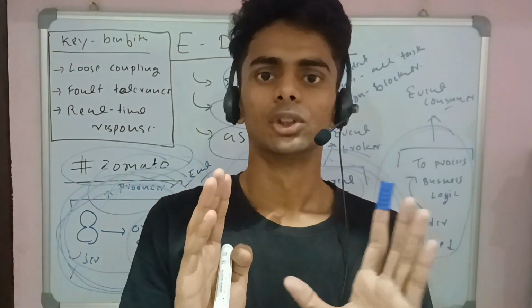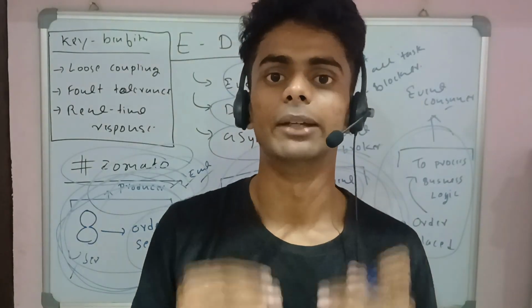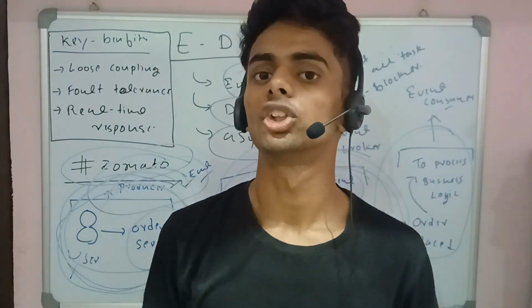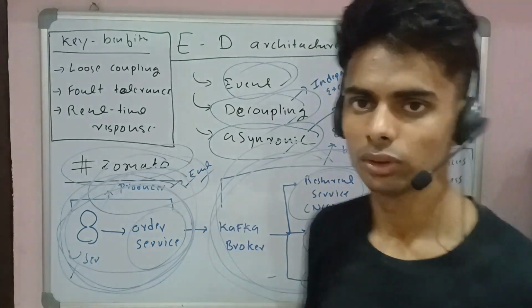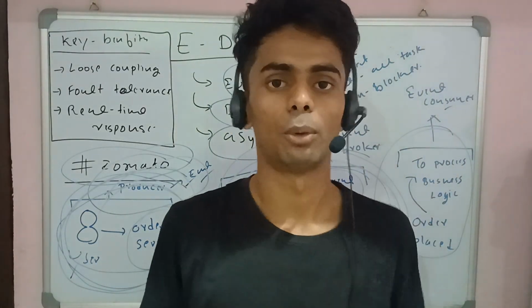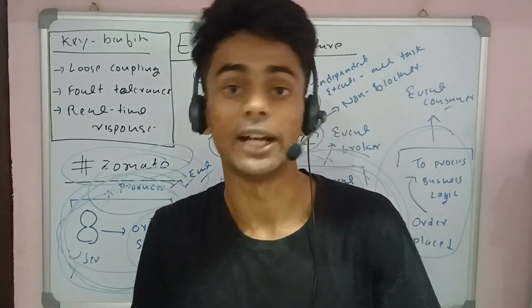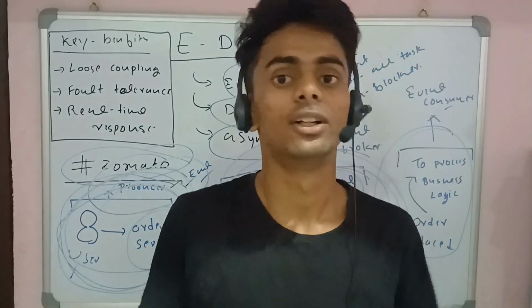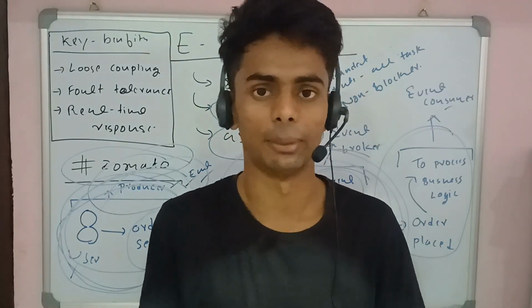So that's the event producer, event broker, and event consumer. These are the three layers of the entire event driven architecture. In Zomato, if the user produces an event, the event broker processes it logically, choosing the right restaurant at a nearby location and the right delivery partner. We don't need to discuss how it happens manually inside the system.